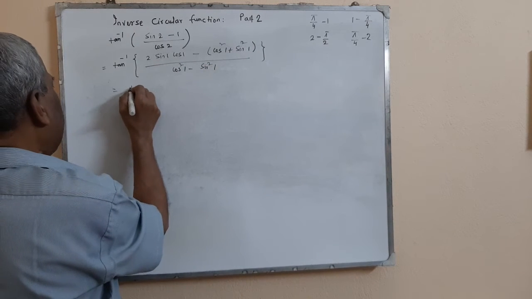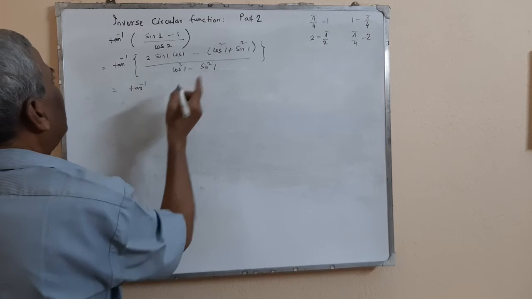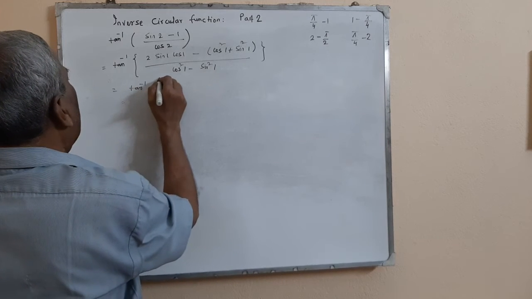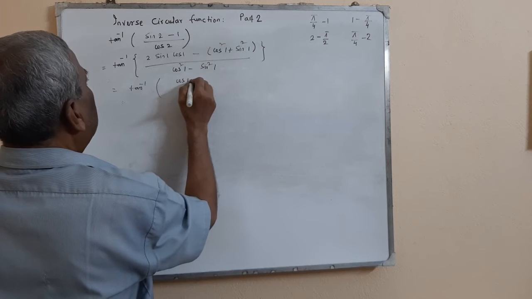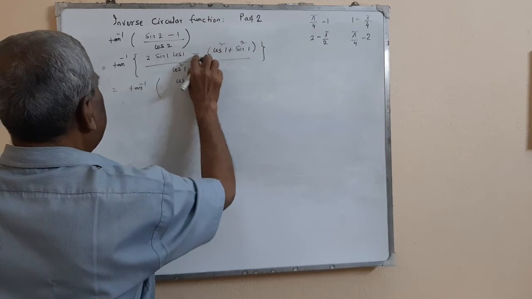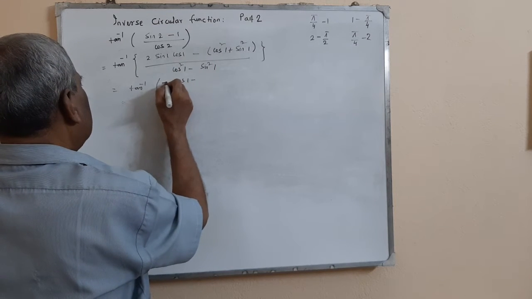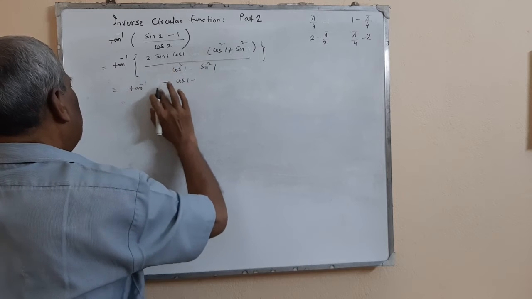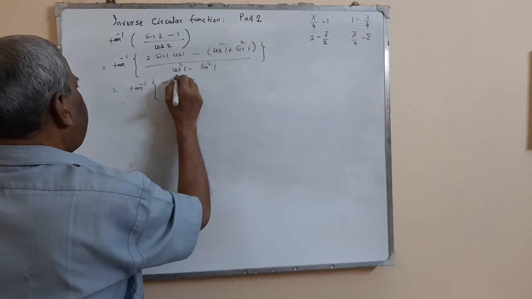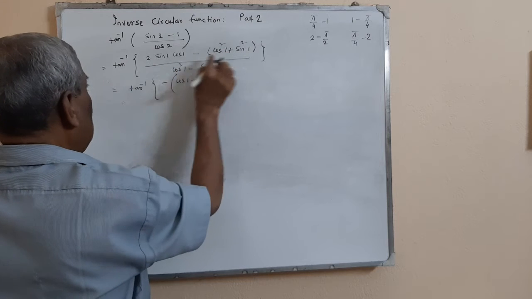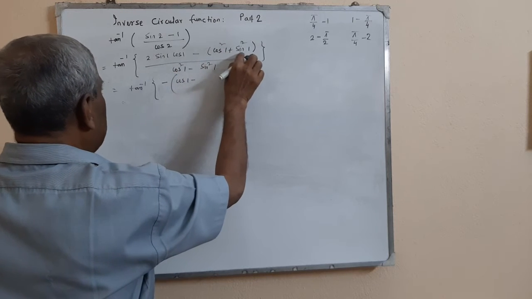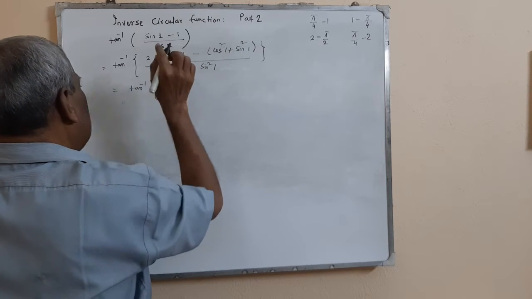It is equal to tan inverse of, taking minus common, cos square 1 plus sine square 1 minus 2 cos 1 sine 1.